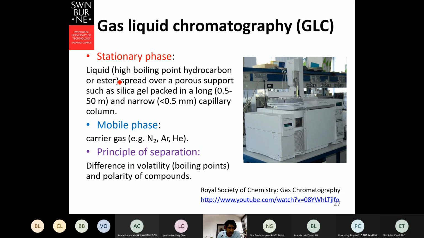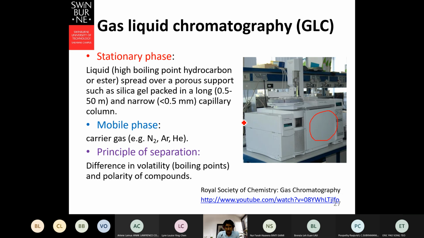So in gas chromatography, there will be a column inside. This is a very sophisticated machine, and it can analyze trace amounts, ppm quantities, in the sample.